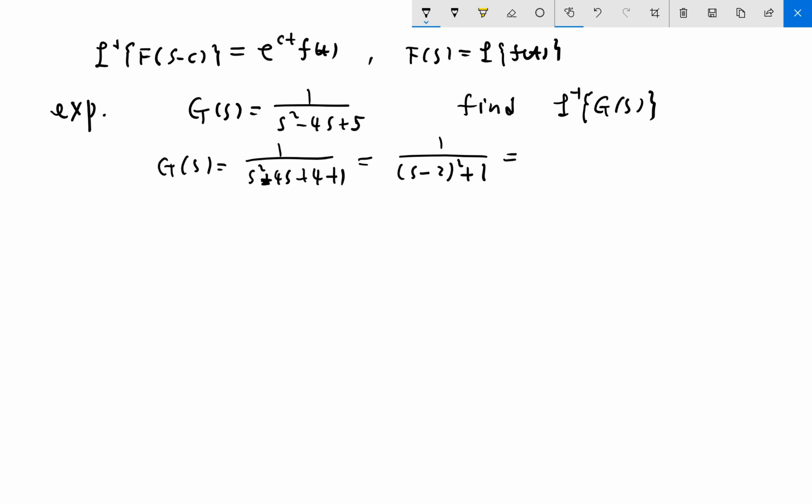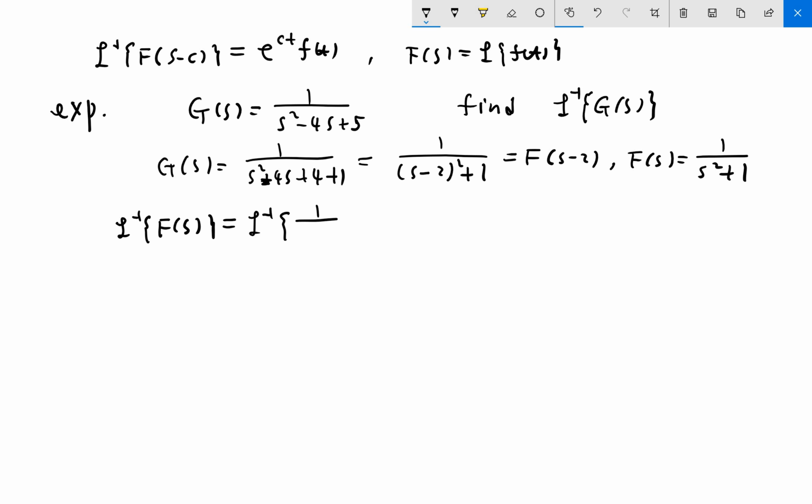We call this one capital F of s minus 2. If this one is capital F of s minus 2, then what is capital Fs? Easily, it is 1 over s squared plus 1. So for the inverse Laplace transform of capital Fs, we know what it is: the inverse of 1 over s squared plus 1. By using the formula, this will give you sine t.